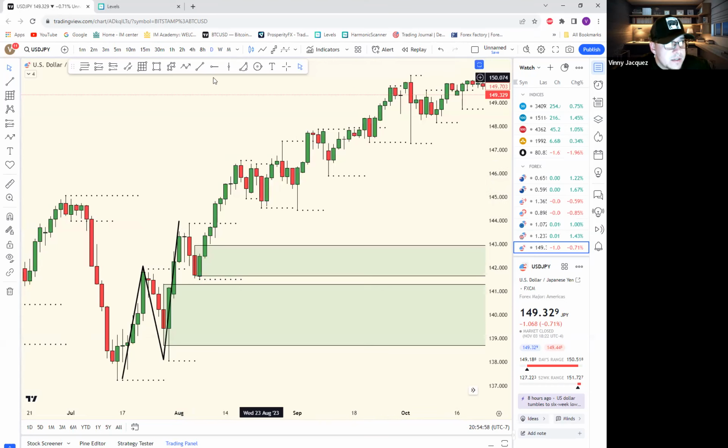Let's go ahead and delete this. Let's see. All right, so market gives me consolidation, but we get a higher high. We have to find the highest wick.